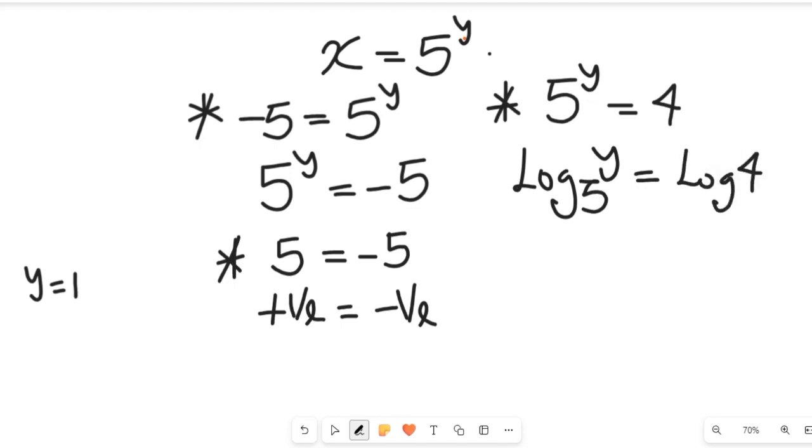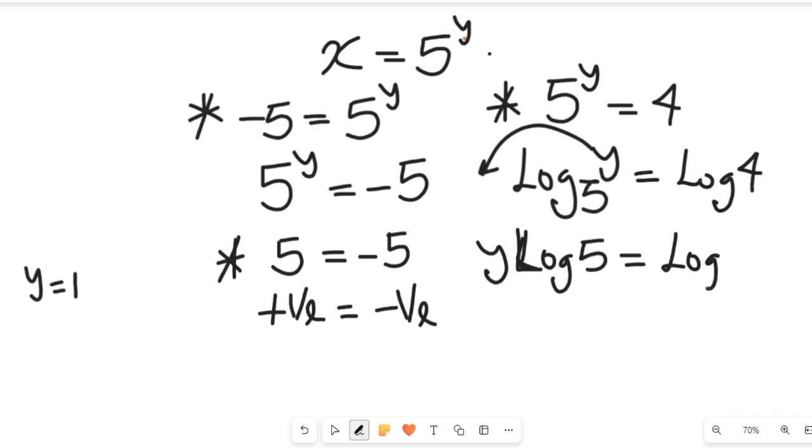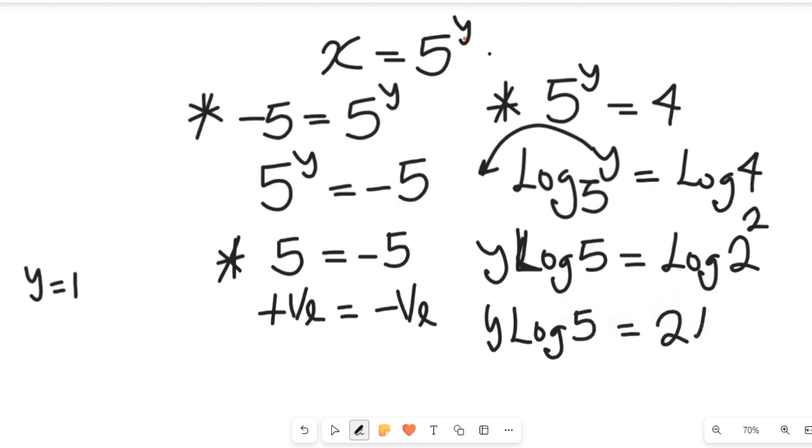According to the law of logarithms, this power will multiply the main logarithm, giving y log 5, and this will be equal to log of 2 to the power of 2. Now this will give us y log 5 equal to 2 log 2.